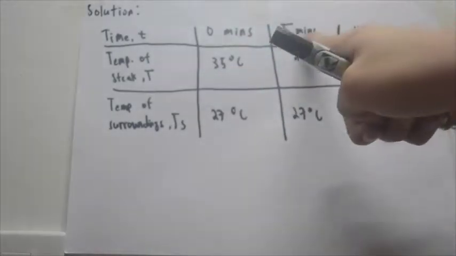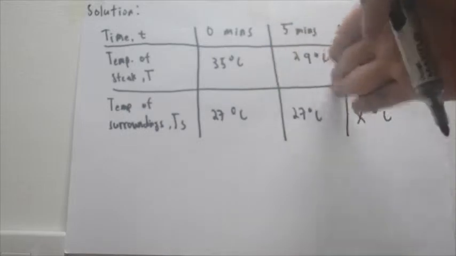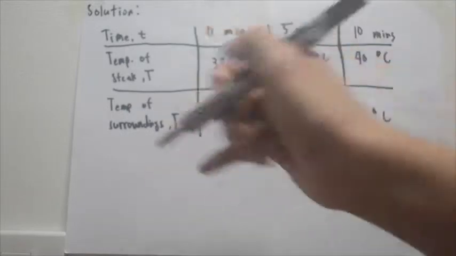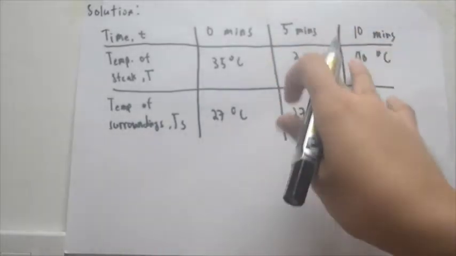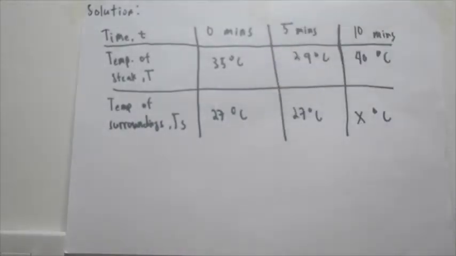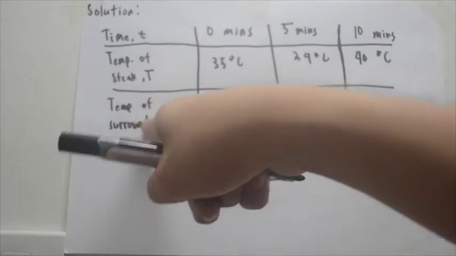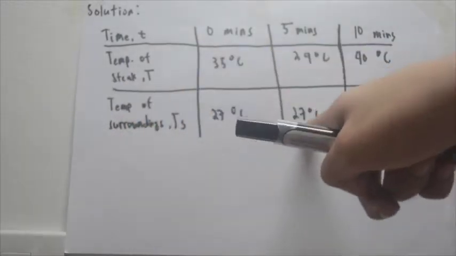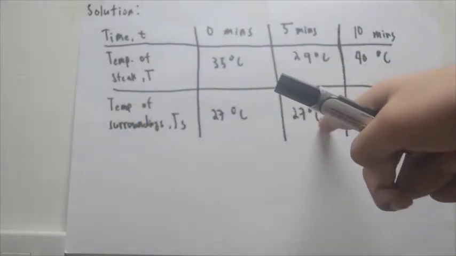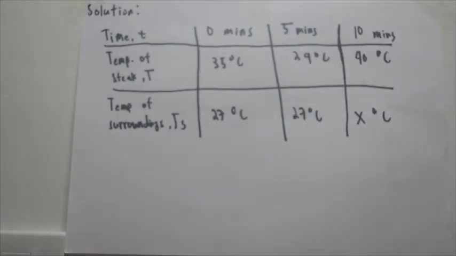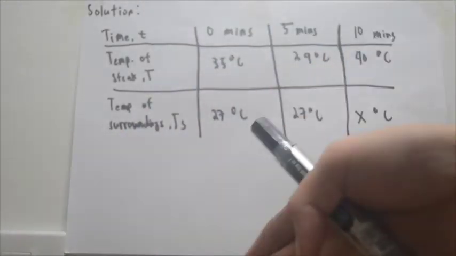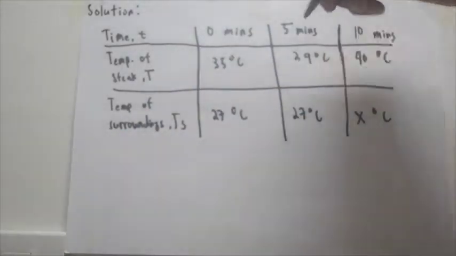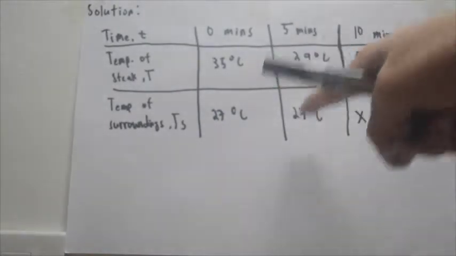After 5 minutes, the temperature of the steak went down to 29 degrees Celsius, so it became kind of cold, and the temperature of the surroundings is still 27 degrees Celsius. And then let us say the problem is instantaneous, so after 5 minutes you put it in the oven instantaneously.